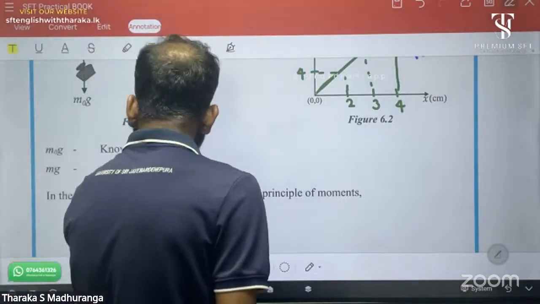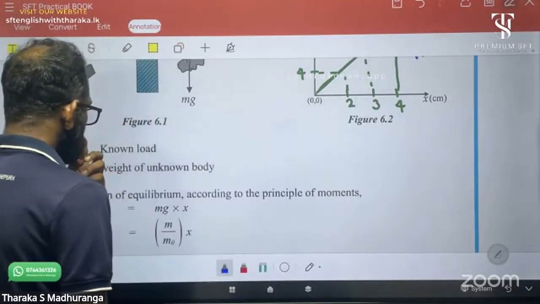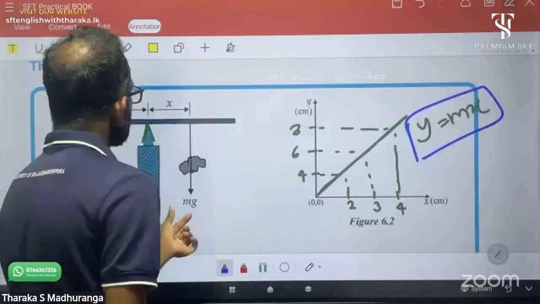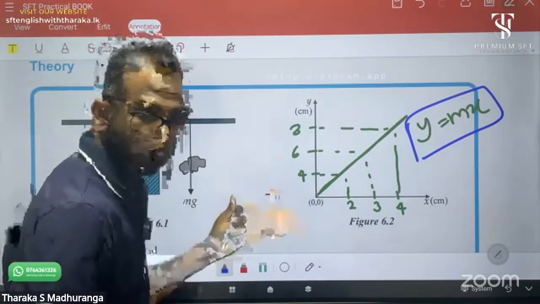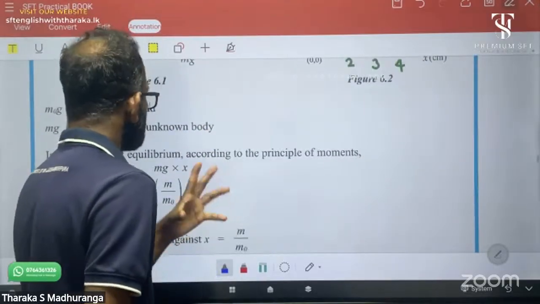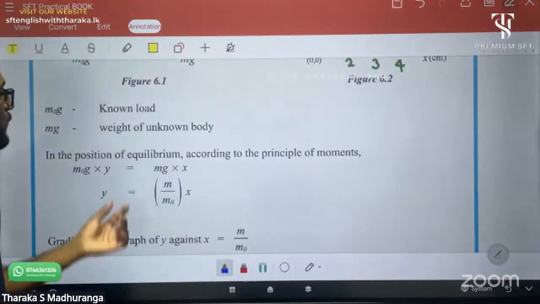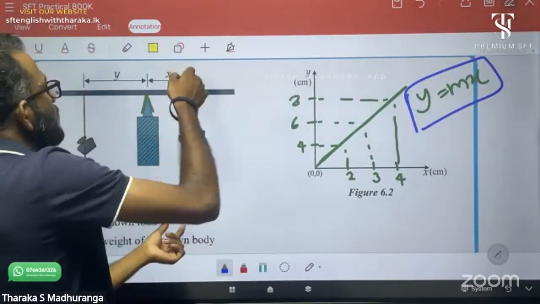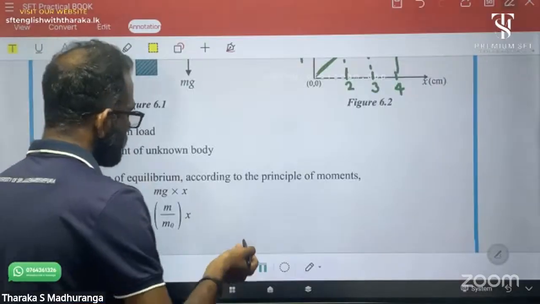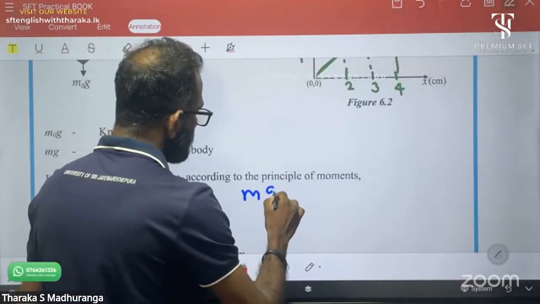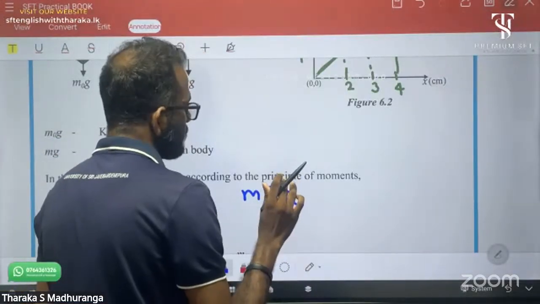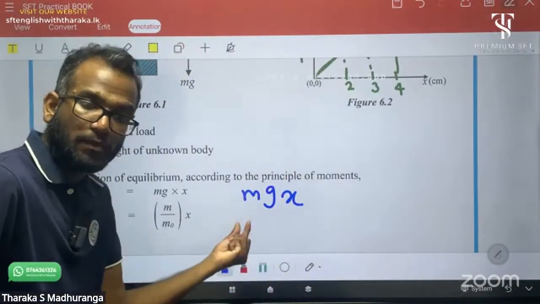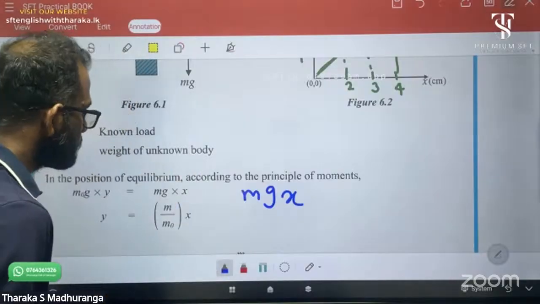What is our basic principle? The clockwise moment of force equals the anti-clockwise moment of force. Right? Then what happens? The clockwise moment of force is mgx. mg means weight, and multiplied by x gives the clockwise moment of force. Here mg is the known mass.